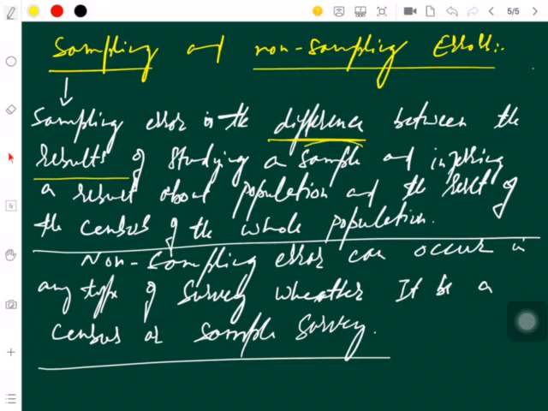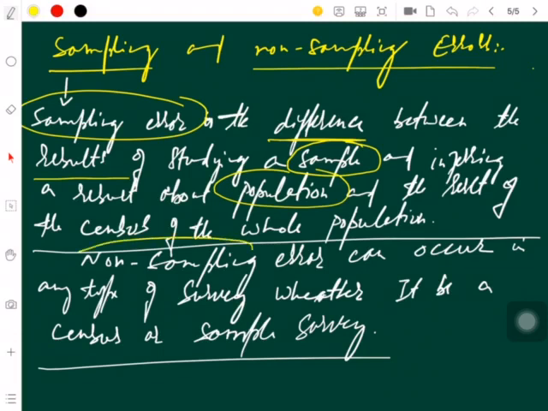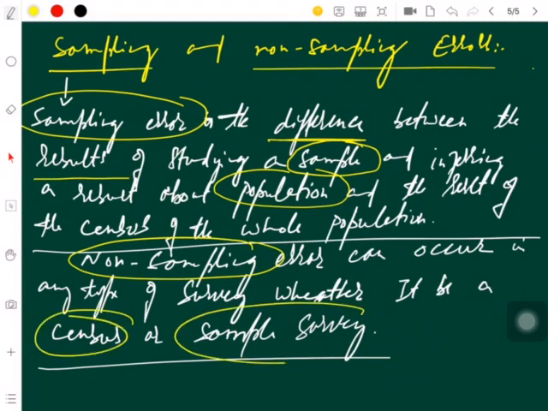So when there is a difference between the sample taken and the results of the census of the whole population, that is called a sampling error. Non-sampling error can occur in any type of survey, whether it is a census survey or a sampling survey.